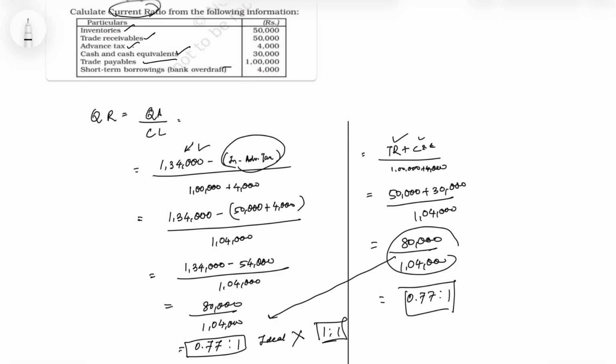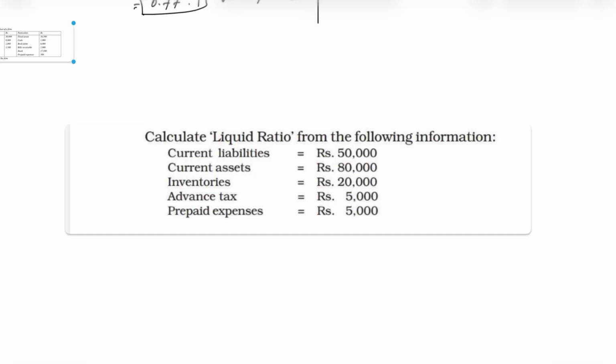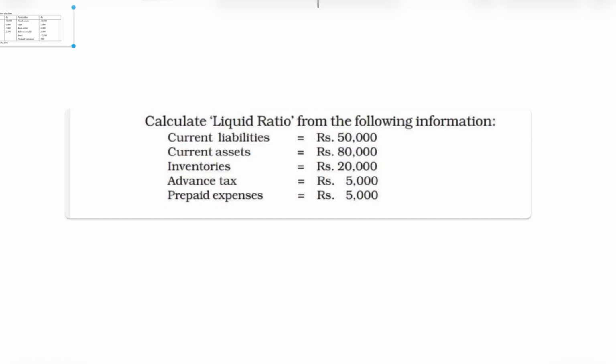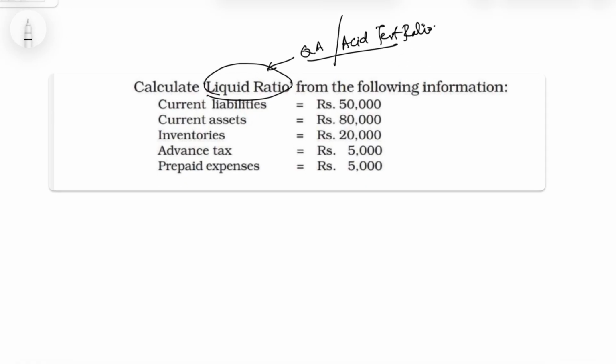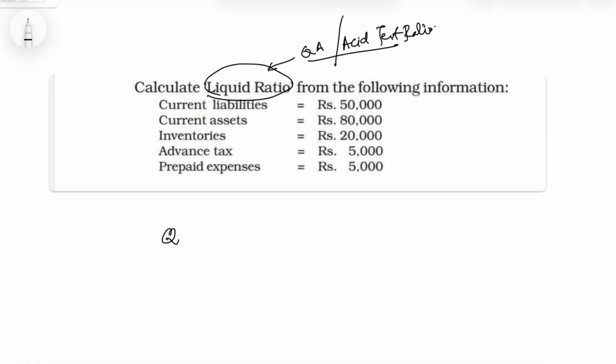In the question, it may say calculate liquid ratio from the following information. Liquid ratio means quick ratio, also called acid test ratio, so don't get confused. The formula for quick ratio is quick asset divided by current liability.